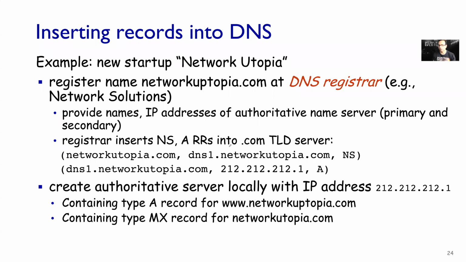And you also want to have a web server that's hosting your web page. So what do you do? Well, you first need to register the domain, right? So you need to go to some provider and tell them, hey, I want to buy this particular domain. They're going to check if this domain is valid, if they can give it to you. You pay a fee, you get the domain, right?